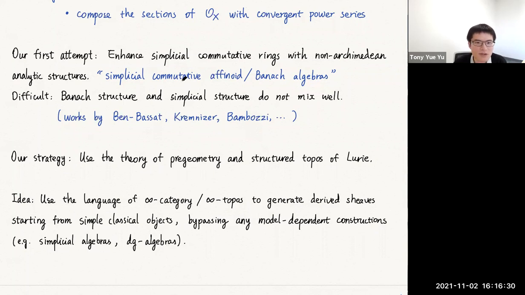When we talk about simplicial commutative rings, they are, in some sense, just models for what we eventually want.